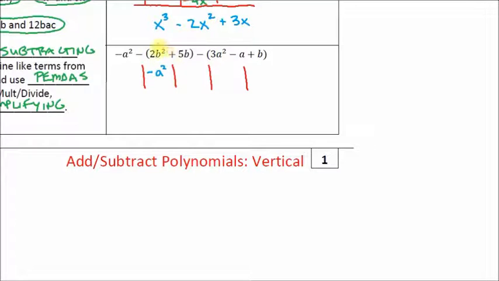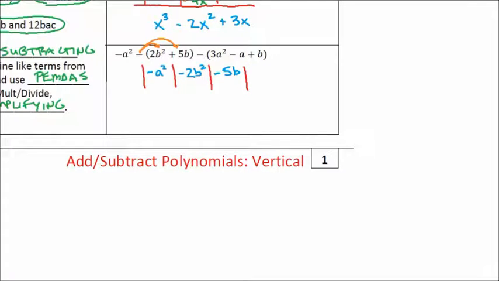In this case, remember, we're going to distribute the minus sign to the 2b squared, and we've got negative 2b squared. We're going to distribute the negative sign to the positive 5b, and that gives us a negative 5b. So far, nothing is being combined in our columns.